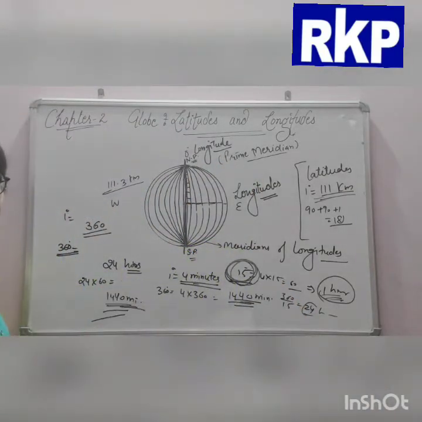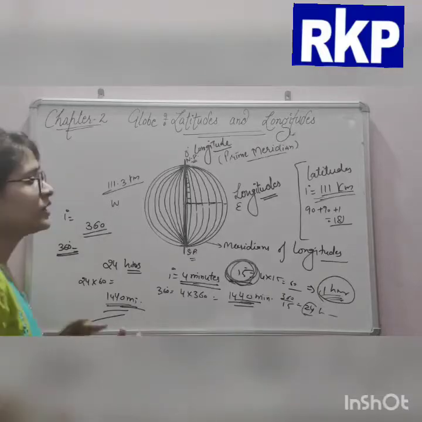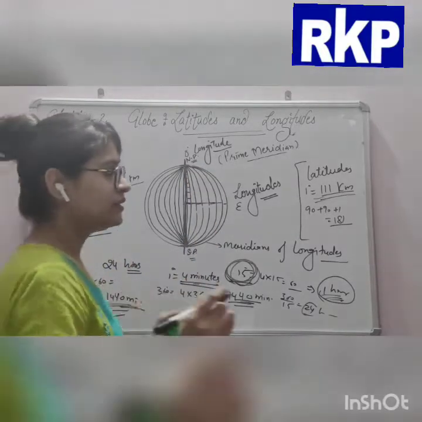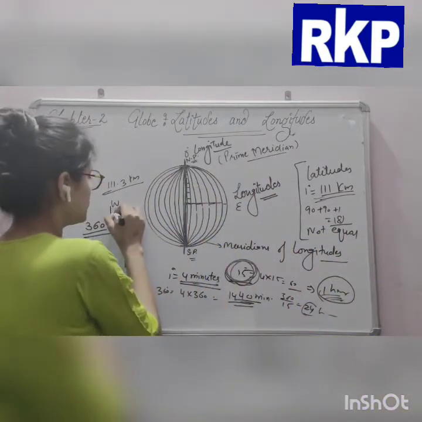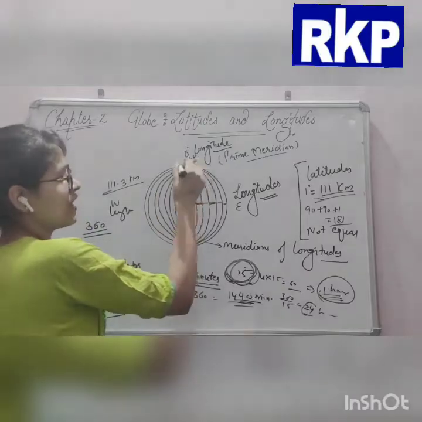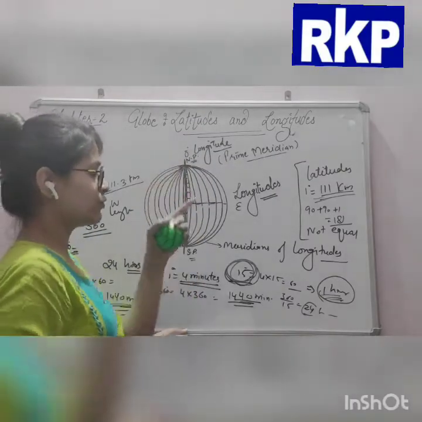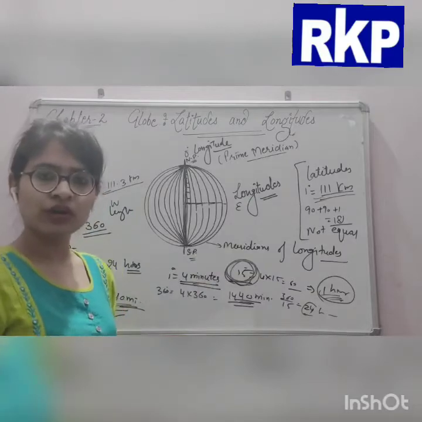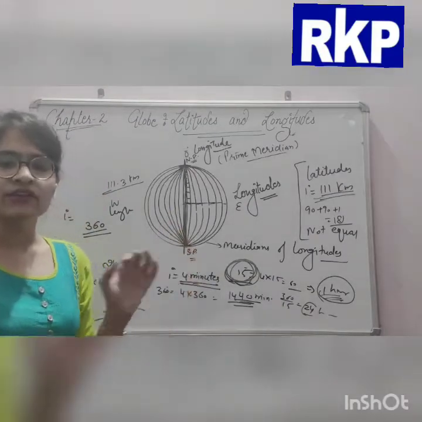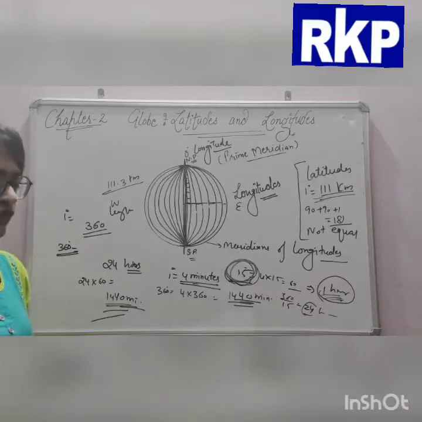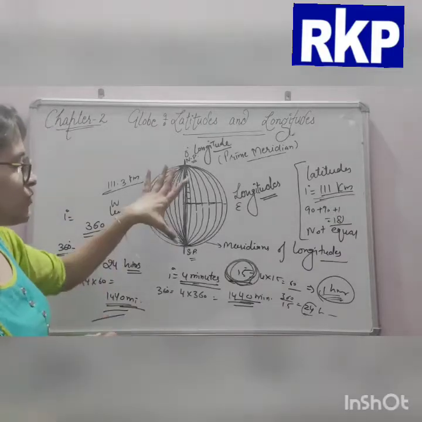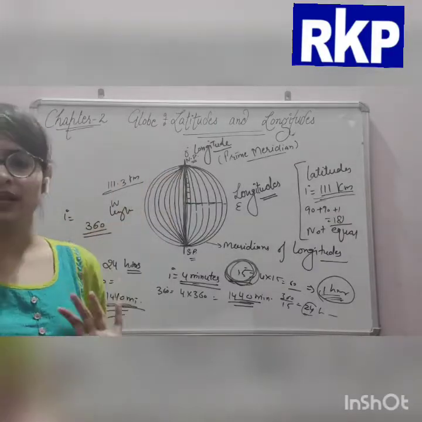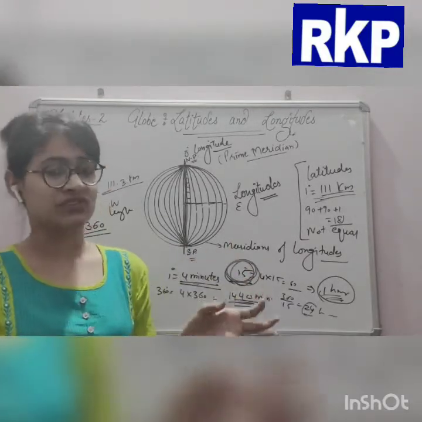Now the longitudes are of equal length. The length of the latitudes was not equal, but their length is equal. Each and every longitude starts from here and ends here, so their length remains the same. Then obviously a question will arise in your mind: why do we consider it as a mean timeline, from where we started measuring our time?